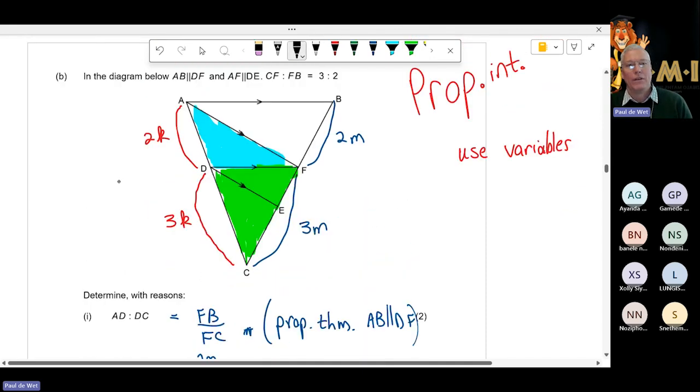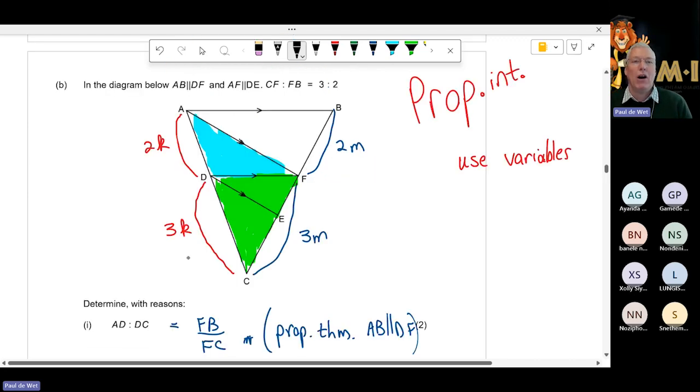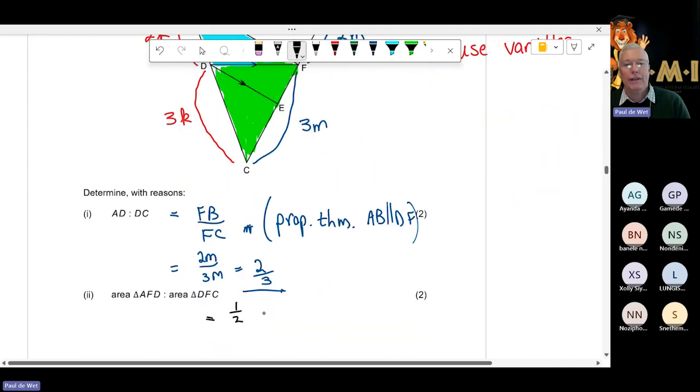is equal to half base times height over half base times height. Okay, all right, so guys, basically it's going to be half base times height, and so it's going to be half 2K times height, and the other one's going to be half 3K times height.